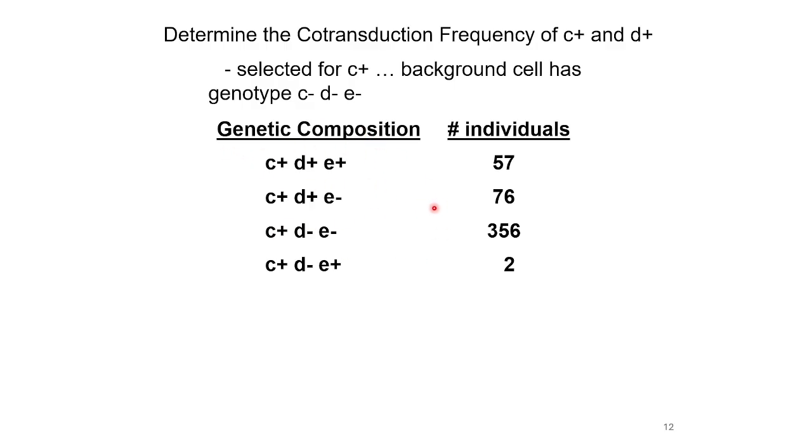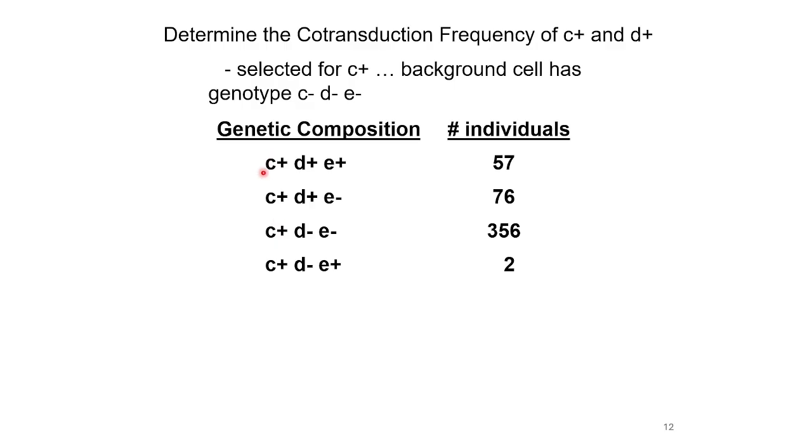We may see the genetic composition be that we see C and D, but not E. And if that's higher, that might indicate that C and D are closer to each other than either of them is to E. Or at the very least that C and D are closer to each other than, say, D is to E. If we happen to see a lot of C's and we're selecting for C, that would make sense.